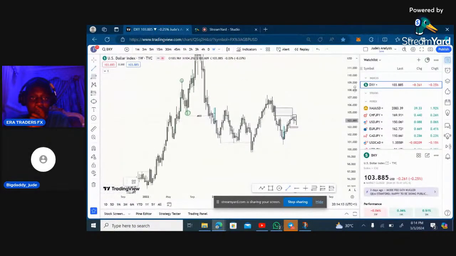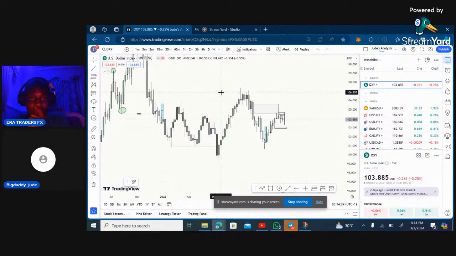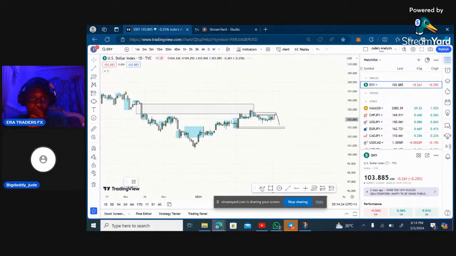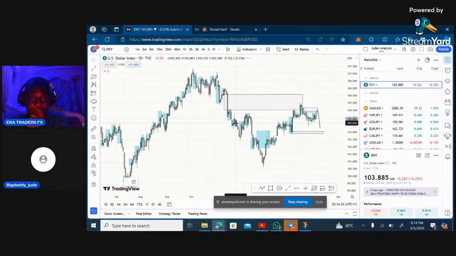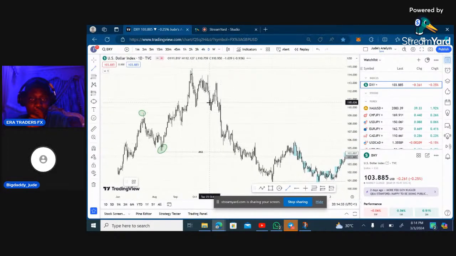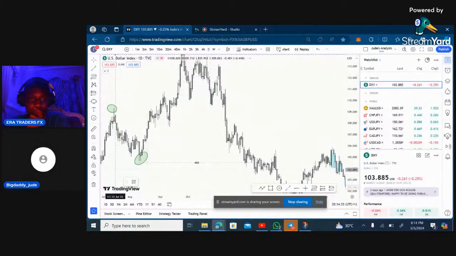So now, on my daily time frame, if I go back to the daily time frame, I had a market structure shift, identifying a bearish order flow. So in a bearish market, I expect the lows to be taken out.